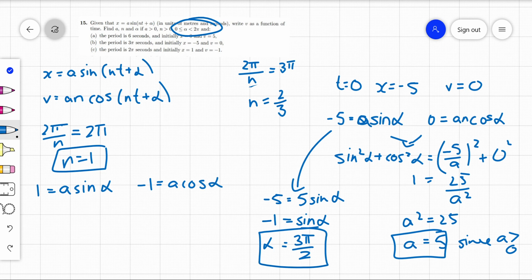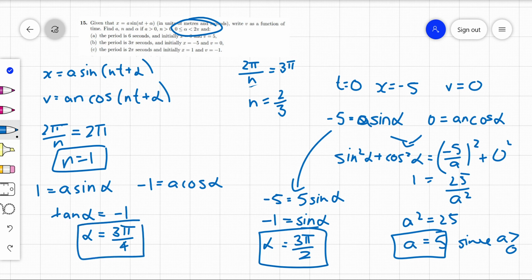All right. So again, I could do sine alpha on cos alpha, which is tan alpha. And you can see the a's will cancel as well. So it's like a sine alpha divided by a cos alpha is just tan alpha. And 1 divided by -1 is -1. So alpha must be 3 pi on 4, 3/4 pi, because we're in the second quadrant.